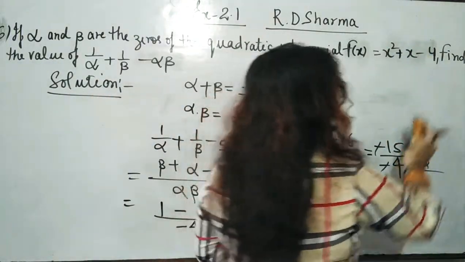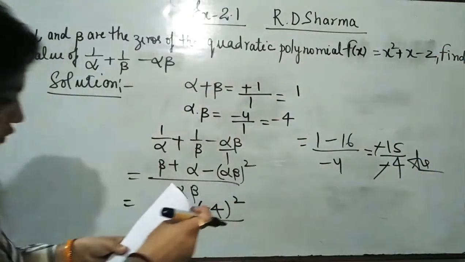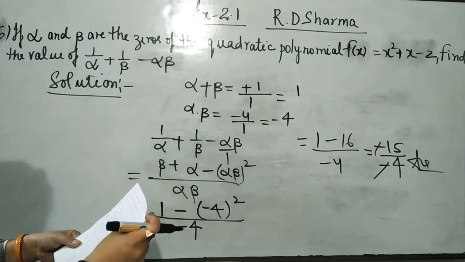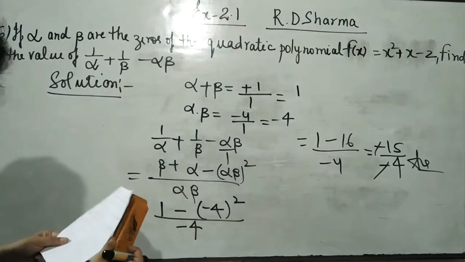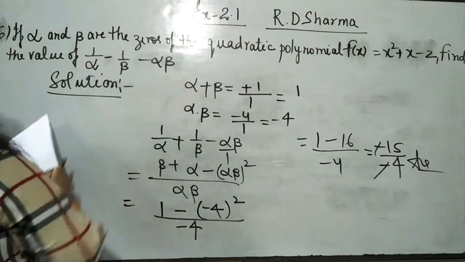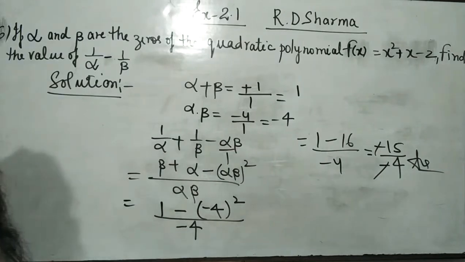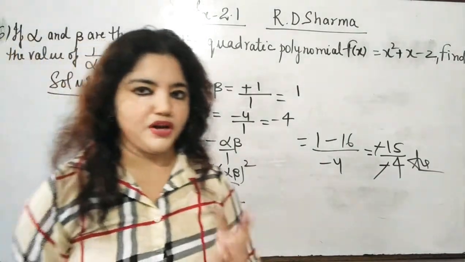We have been given the polynomial x square plus x minus 2. So we have to find out the value of 1 upon alpha minus 1 upon beta.